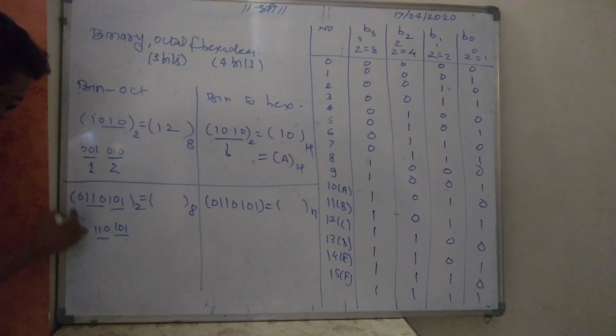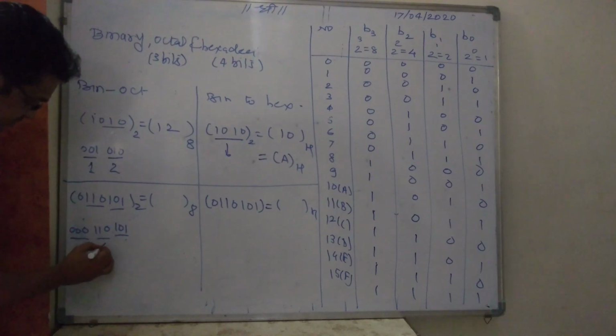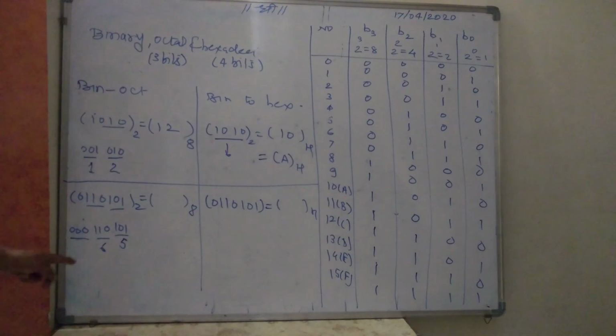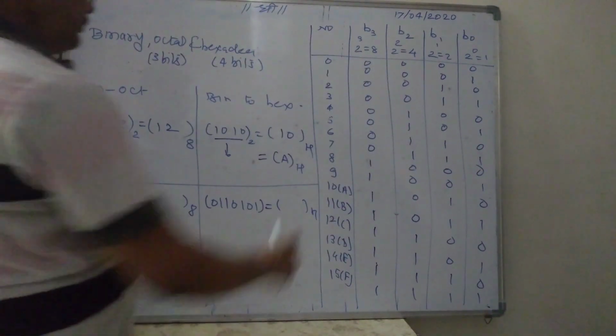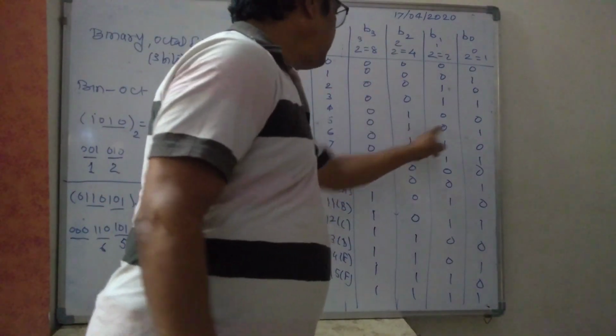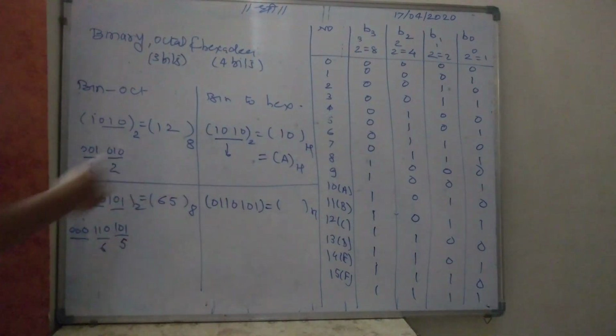Add here 0, add 2 zeros. So write the number. This is 0, no need to write. This is 1, 2, 3. 1 into 2 raised to 2 means 4 and 2, this is 6. 1 0 1, this is 4 and 1, this is 5. See 6. 1 1 0, and 5, 1 0 1. For octal number we have to see last 3 bits, 1 0 1. So this is 65 in octal.